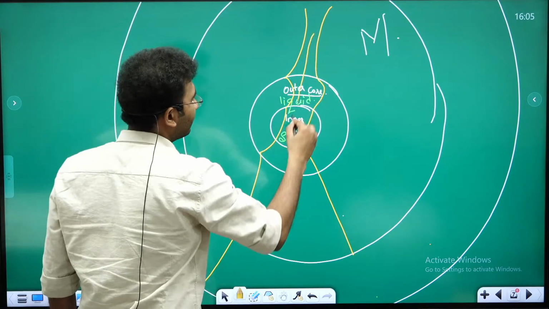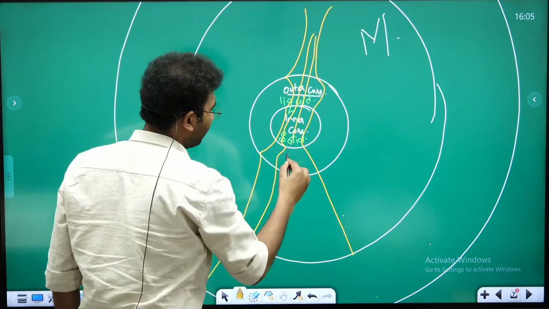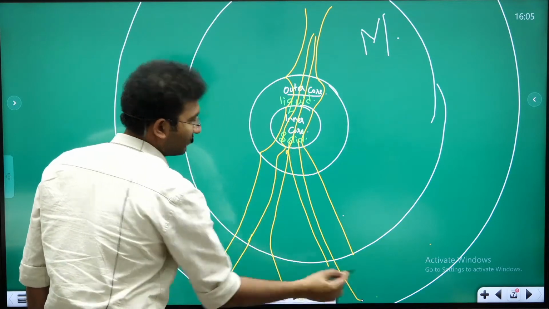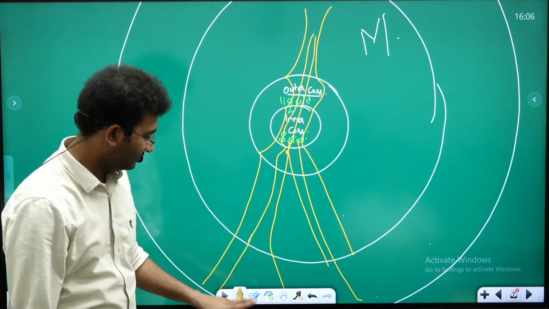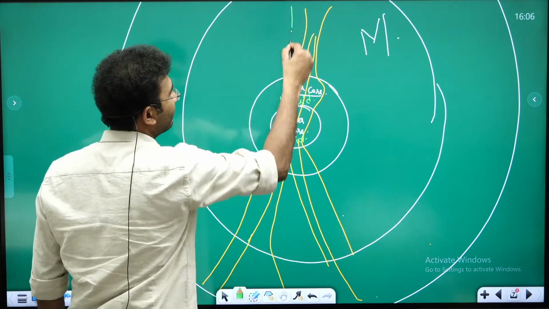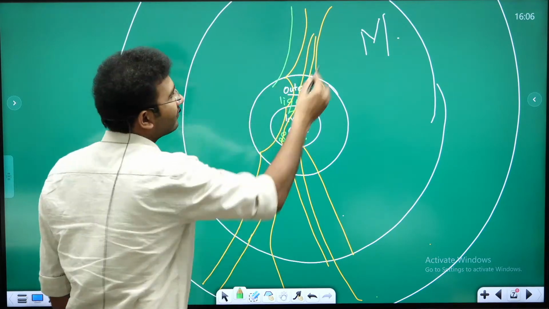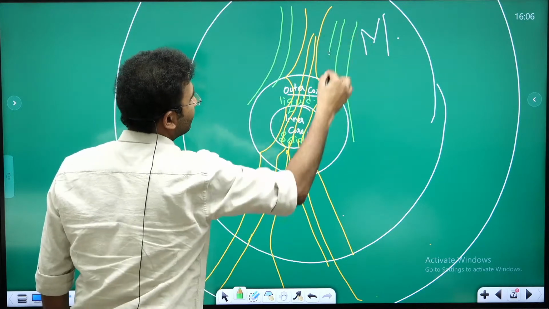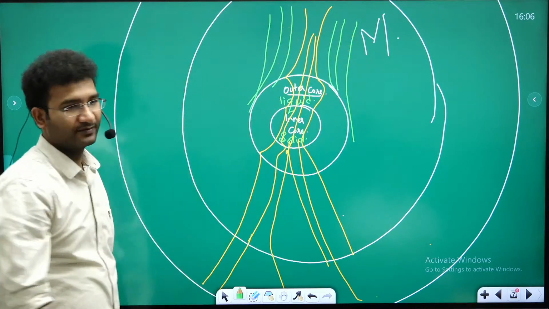Now imagine your P wave has traveled through these layers. But what about the S wave? Green color is the S wave. So the S wave, when it touches, dies off. It dies, it gets killed.